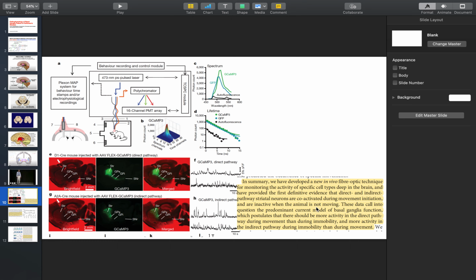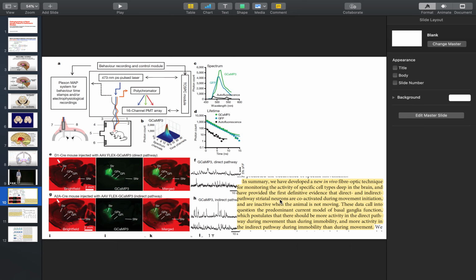But what they say this experiment did is they did a simultaneous pulsed laser excitation of direct and indirect labeled structures.